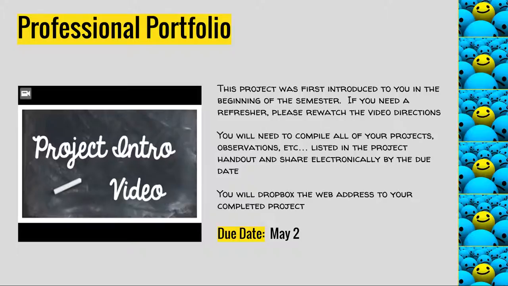Everything that we've done, basically, you're going to compile. Now, since we're online, this means you're compiling it electronically. On the project handout in D2L that is explained on this video, I've given you 4 or 5 options for places to go to make an electronic portfolio. If you need support in any way on this, you can give me a phone call. It's much too hard to describe to you online, so please give me a phone call if you get stuck.